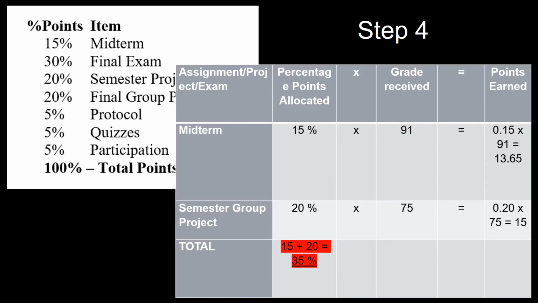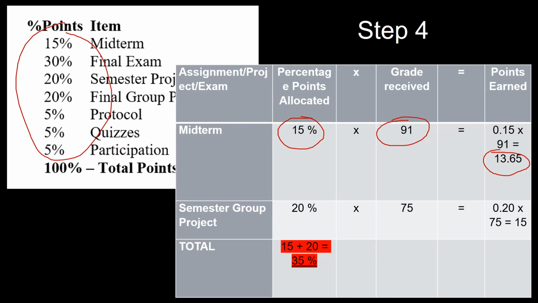So what you do is you multiply 15, or in this case 0.15, times 91, and that will give you 13.65 percentage points that you have earned for your grade. If this were the only assignment, obviously you would fail the class, right? But there are other assignments, as we see here on the left, tons of other assignments, so not to worry.